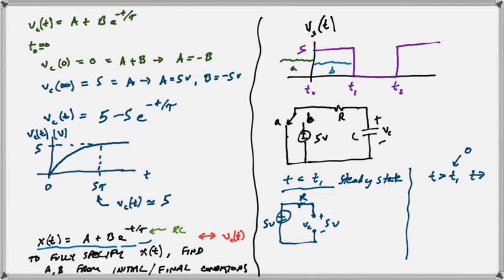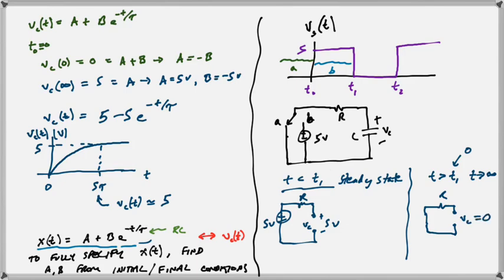Then again, we have this short circuit R, VC, and we said, hey, that's 0.